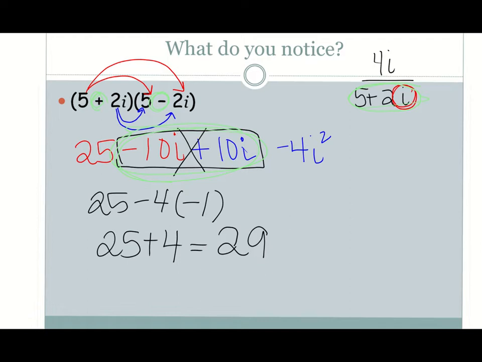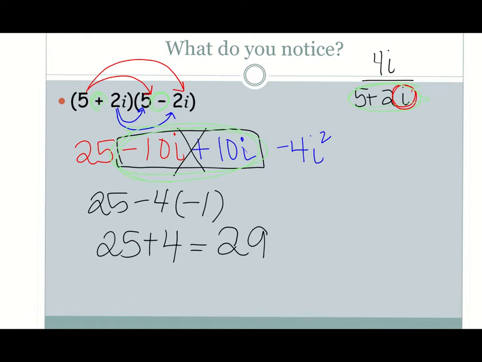Well, multiplying by 1 keeps the problem the same. Well, anything divided by itself is 1. So I have to multiply the top, the numerator, and the bottom, our denominator, by the same thing in order to keep the problem the same. And I'm going to also have to get rid of my i in the denominator.